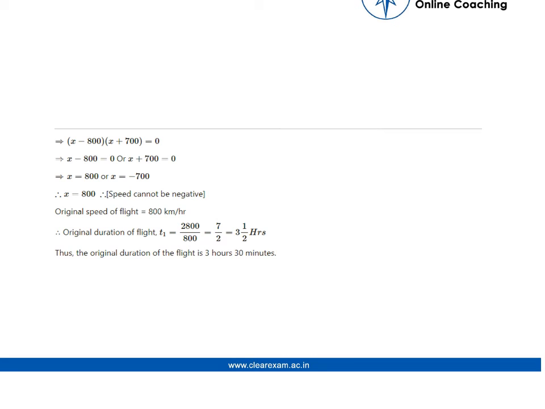Solving that quadratic equation, we get two factors, x minus 800, x plus 700 equals 0. So x equals 800 or x equals minus 700. Since speed cannot be negative, we will discard the value minus 700.